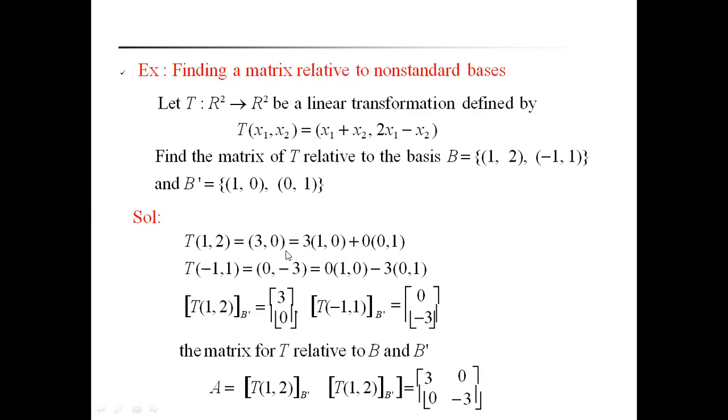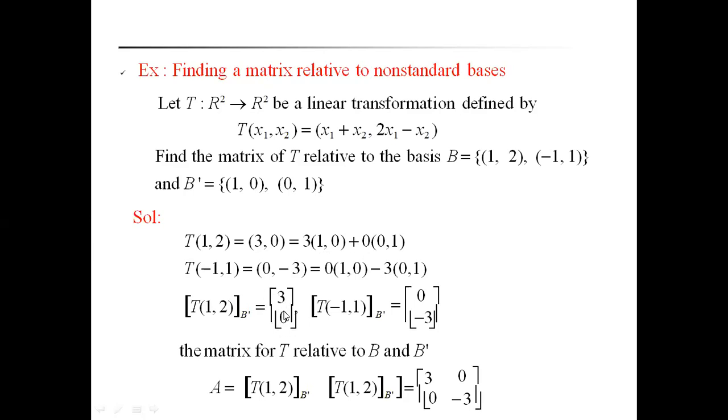Here the coefficients are 0 and minus 3. That means the coordinate matrix of T(v), meaning T(1, 2) relative to the basis B', is equal to the coefficients of this linear combination written in the form of a column, that is (3, 0).